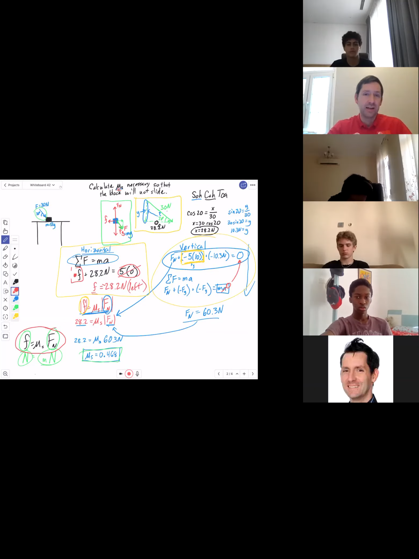Yeah, it's like saying, if something weighs 20 newtons and there can be 10 newtons worth of friction there, then you can have half as much friction as it weighs, right? It would be 0.5. If it's 1, then the amount of friction is equal to the normal force.